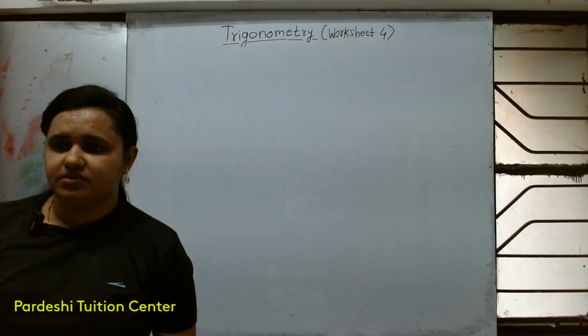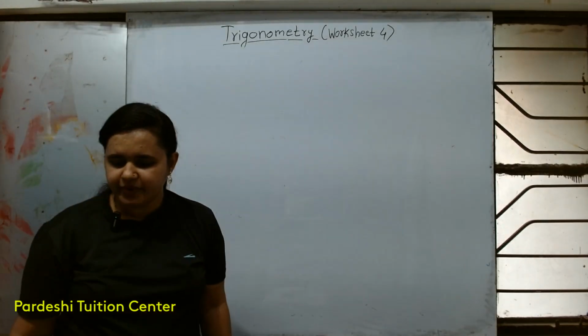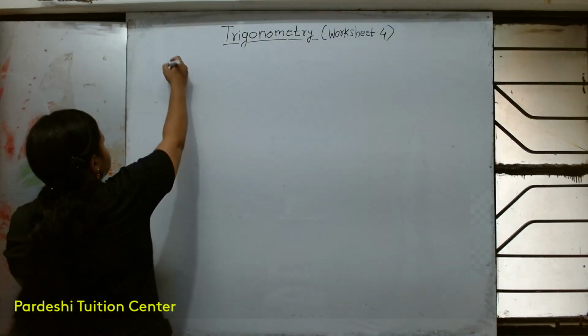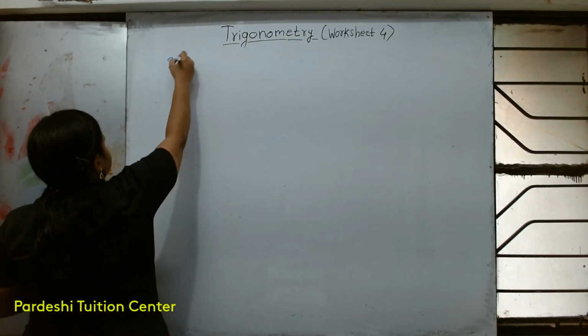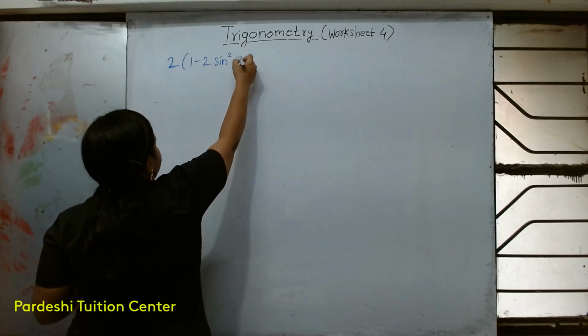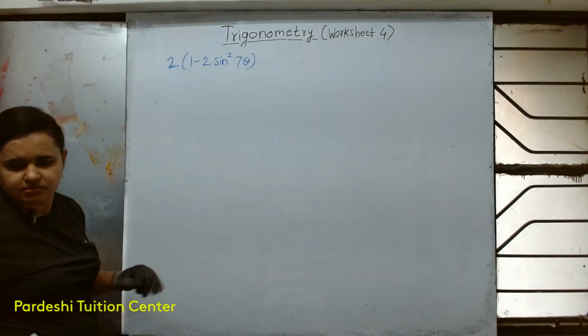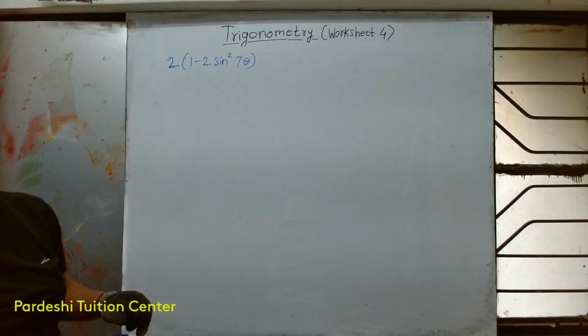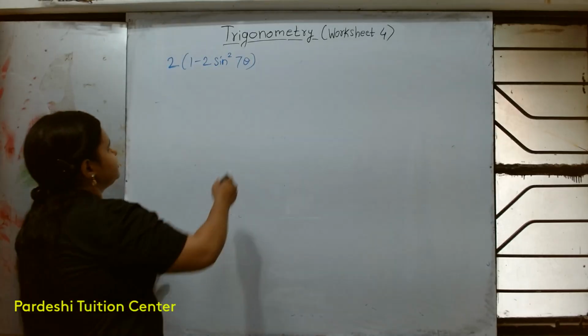Now the fifth one is 2 multiplied by 1 minus 2 sin square 7 theta into sin 3 theta.